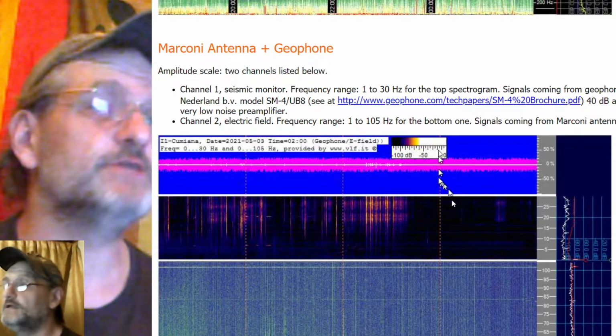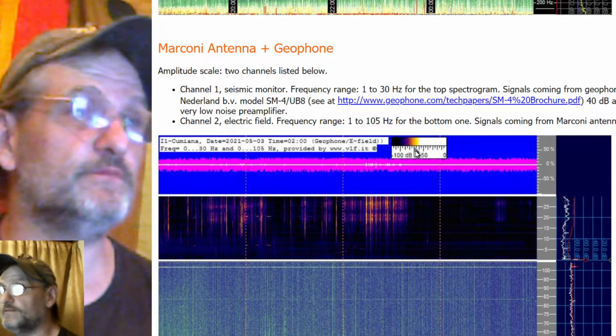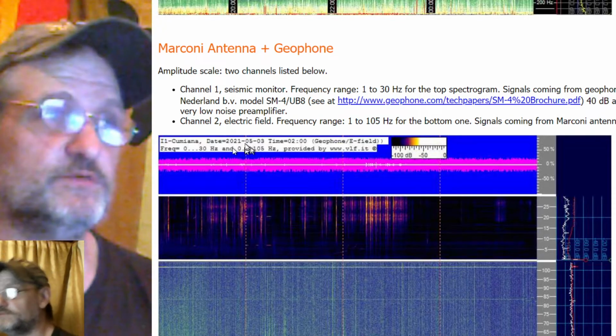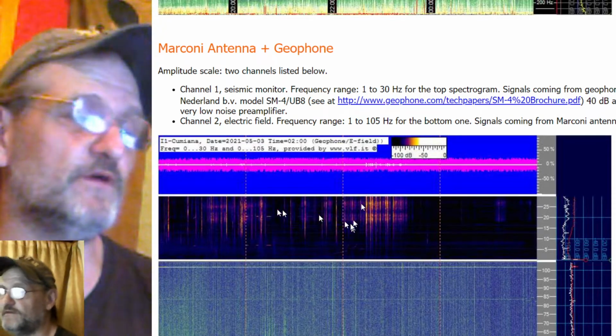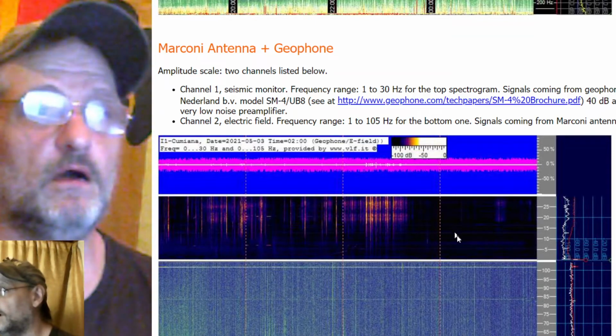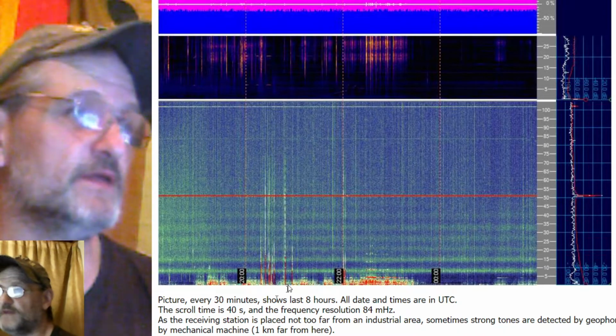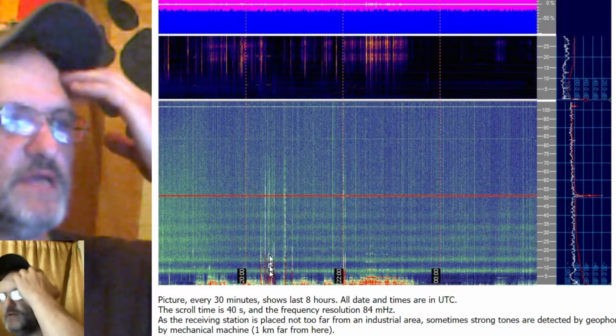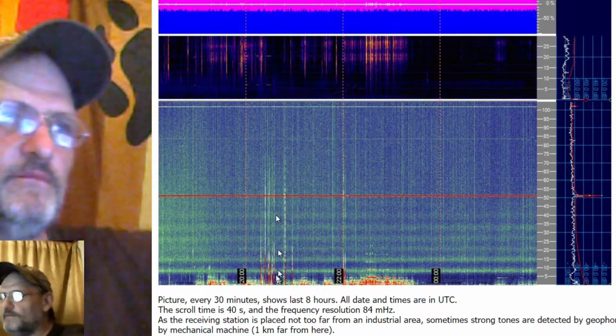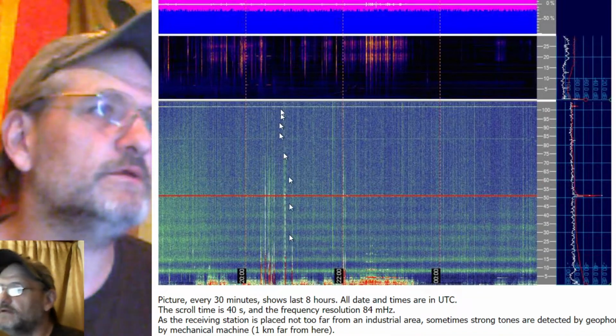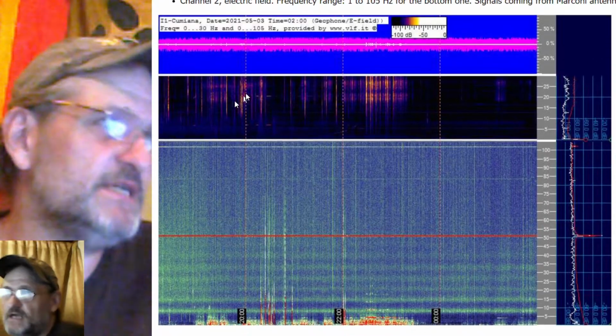This right here is your decibel meter, and they're showing you the date here, the geophone, E-field. So when you get these spikes of bursts of amplitude here, you've got to look at the seismic event.